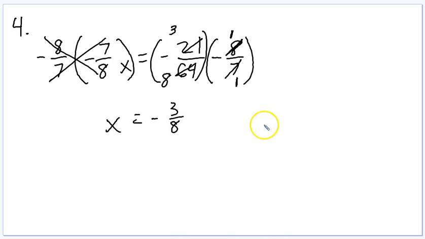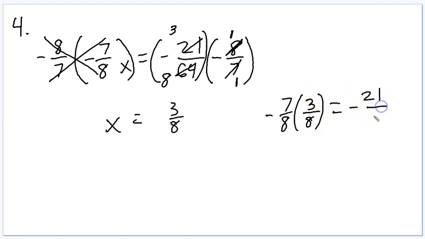Okay? Let's try this out. So negative 7 over 8 times, so that should be a positive. That's a positive. So just erase it. We don't need to put the plus sign. So negative 7 over 8 multiplied by 3 over 8 equals negative 21 over 64.